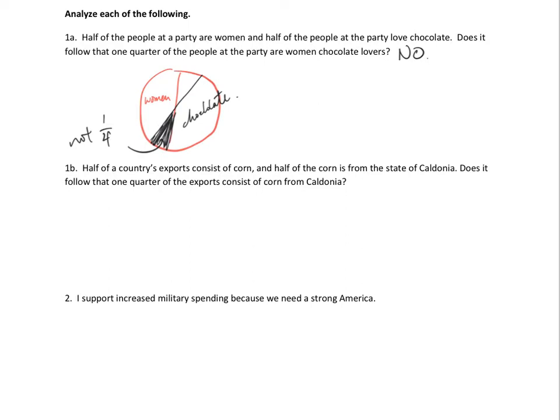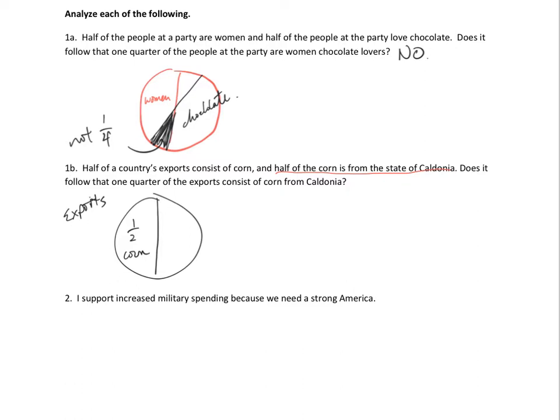For 1B, we have a scenario that states half of a country's exports consist of corn. So we've got something that looks kind of like this. Of all of the exports here, half of them are corn. The second piece of this puzzle states that half the corn is from the state of Caledonia.